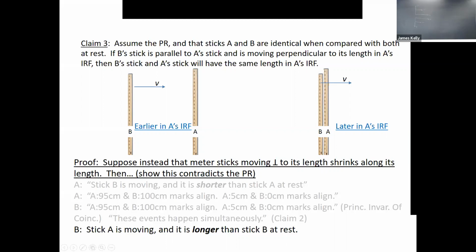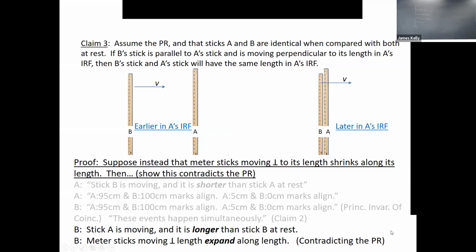So they're performing exactly the same experiment. We're just checking it from different points of view. Okay, and that contradicts the principle of relativity. We're performing the same experiment, sending a meter stick towards us, parallel to our meter stick and moving perpendicular to its length.